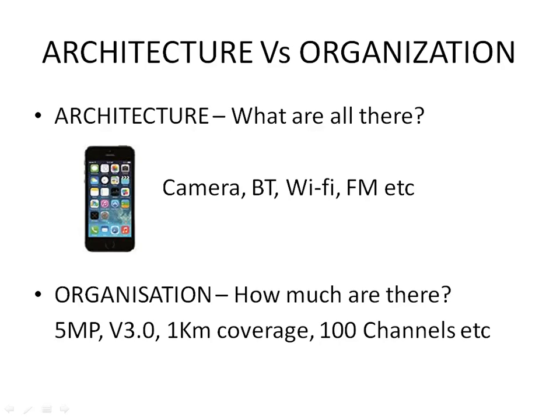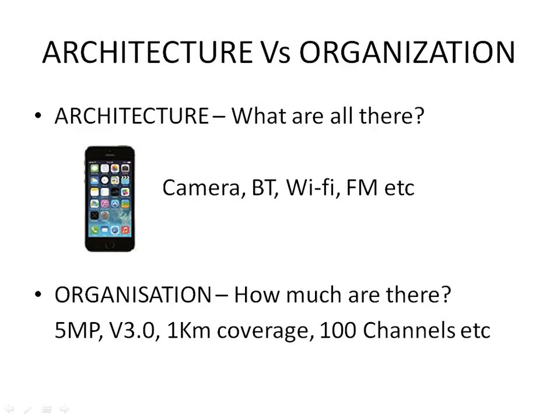Now let us clarify the basic difference between architecture and organization. There are always two terms coined along with this: people sometimes say computer architecture, and sometimes computer organization. Let me explain what architecture is.